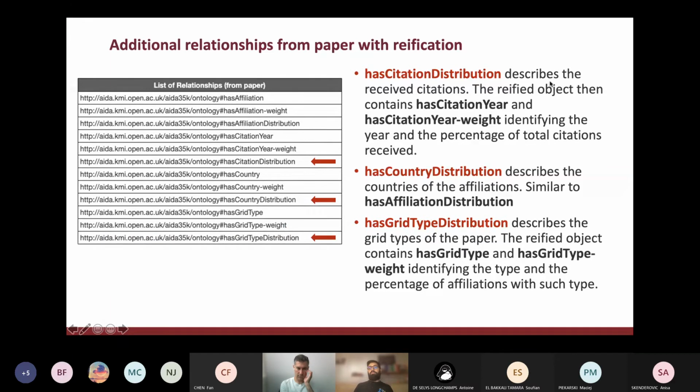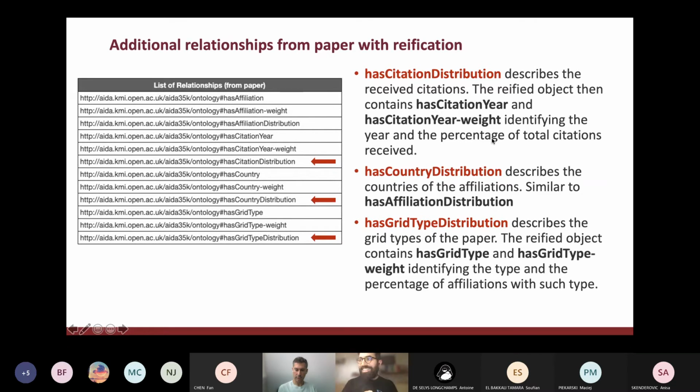So as citation distribution describes the received citations, and the as citation here is telling me how many citations I have. What is the year? I'm getting a little bit confused. Let's do one step back.